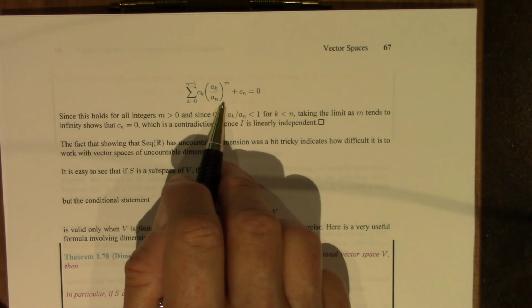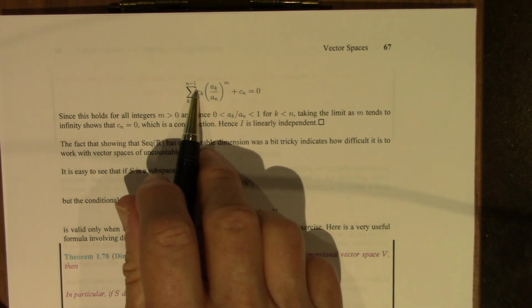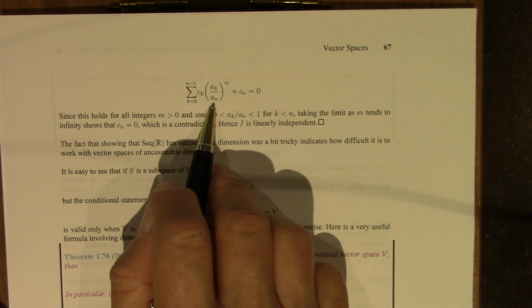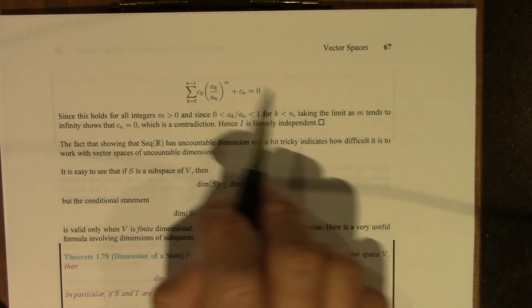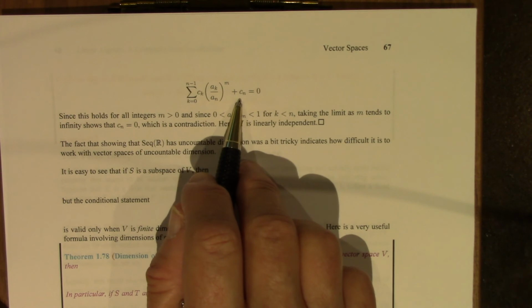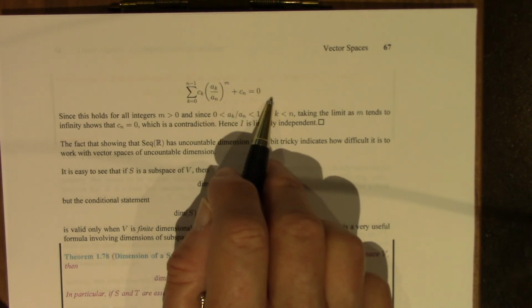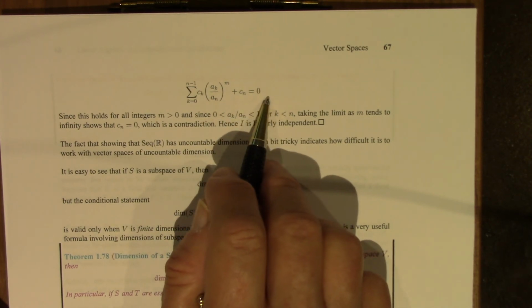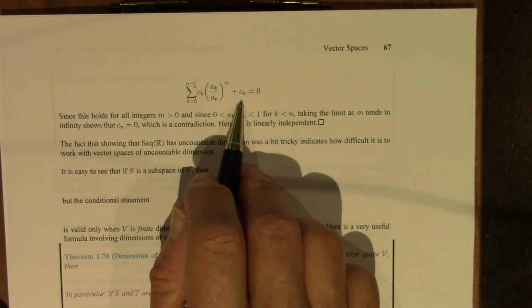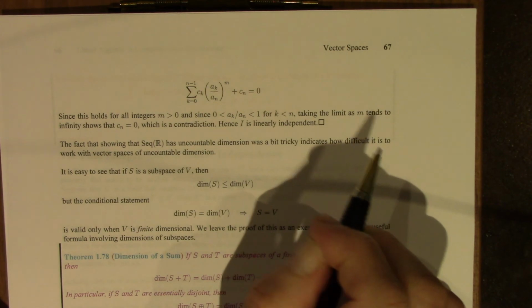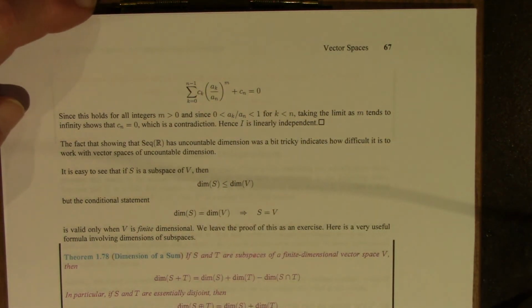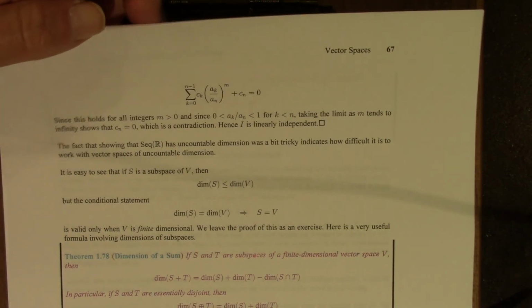This sum is going to go to 0 because it's a finite sum, and each term goes to 0. All we're left with then is Cn equals 0, which is false. All the c's are non-zero. That contradiction means that the set I is linearly independent.